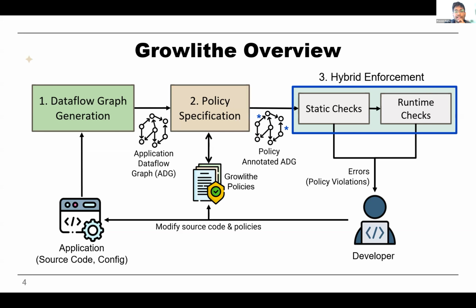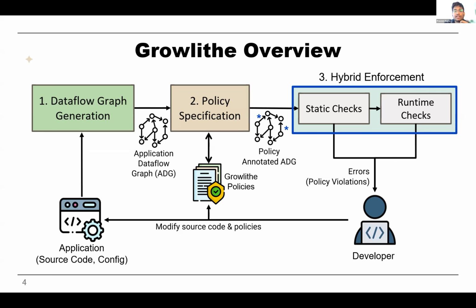In the third stage, Growlithe enforces the policies using a hybrid approach. First, during static checks, a policy evaluation will result in either allow, deny, or can be deferred for runtime check if the policy requires some kind of runtime information. A failure at this stage is flagged to the developer for debugging before deployment.